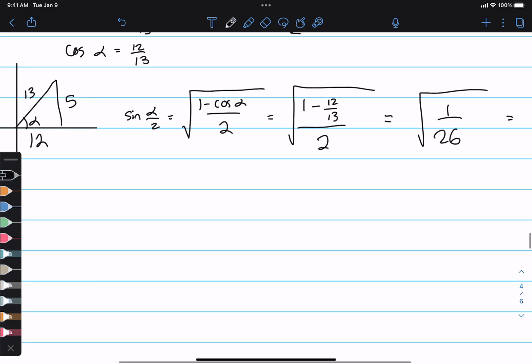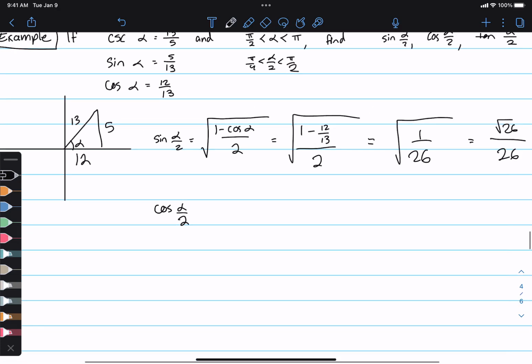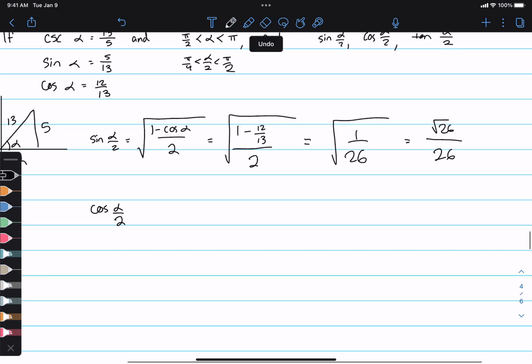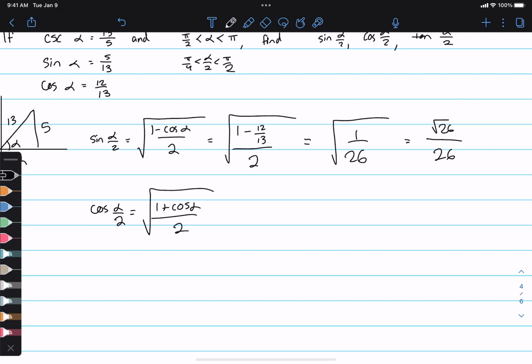Awesome work so far. Then your cosine of alpha over 2, there's a lot of ways you can do this. You can use a Pythagorean identity to find it. You can draw a triangle to find it, but I'm just going to use the formula to show that it still works. It's going to be the square root of 1 plus the cosine of alpha over 2. And that's going to be equal to the square root of 1 plus 12 over 13 over 2.